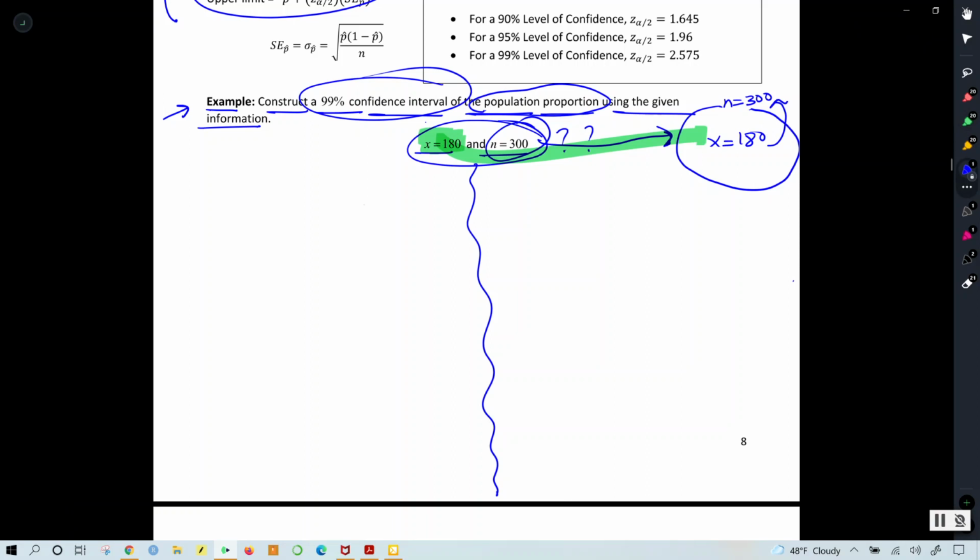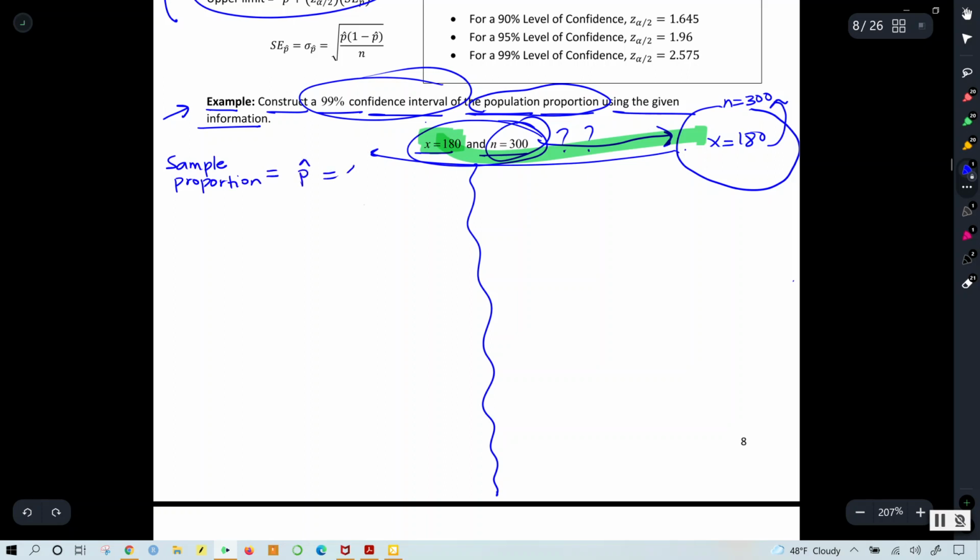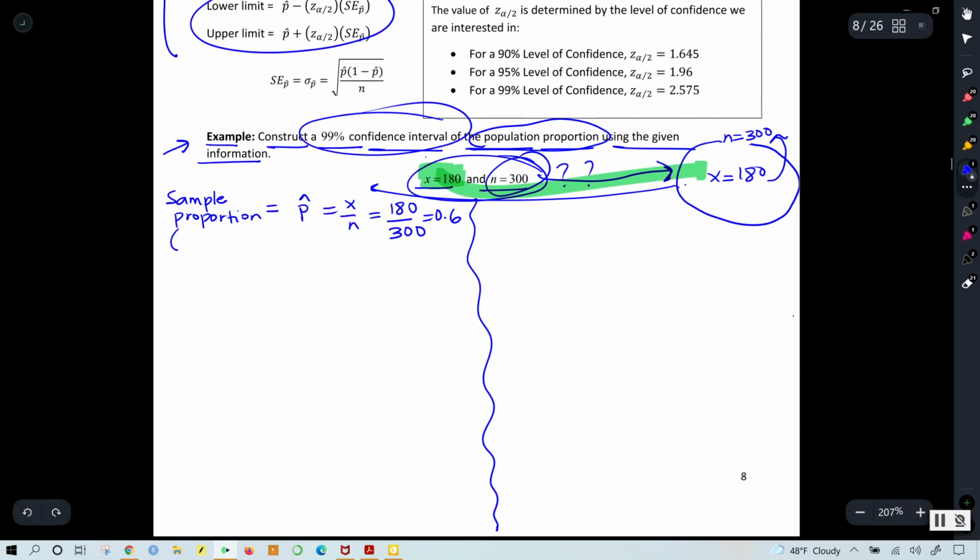So from this sample, I have a sample proportion, which is my point estimate, p̂. It is X over n, that is 180 divided by 300, which is 0.6. So first, I have my sample proportion, otherwise called the point estimate, or if I were to use a single value as a guess for the population proportion, this would be my best guess based on that sample.